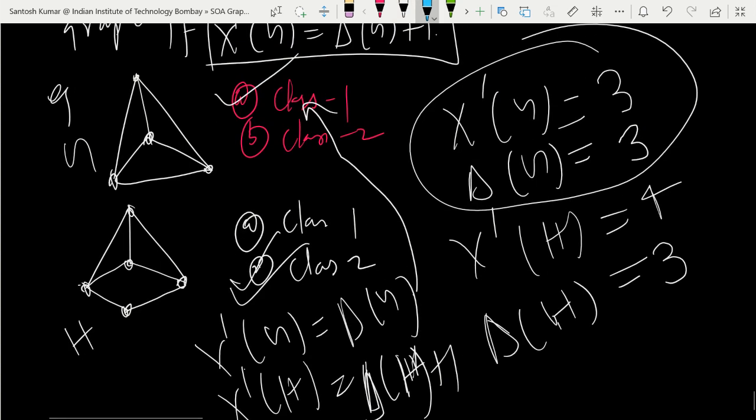Let's verify that. It is simple, you can check. Color 1, color 2, and you have to take color 3 here. At each vertex the incident edges will have different colors.